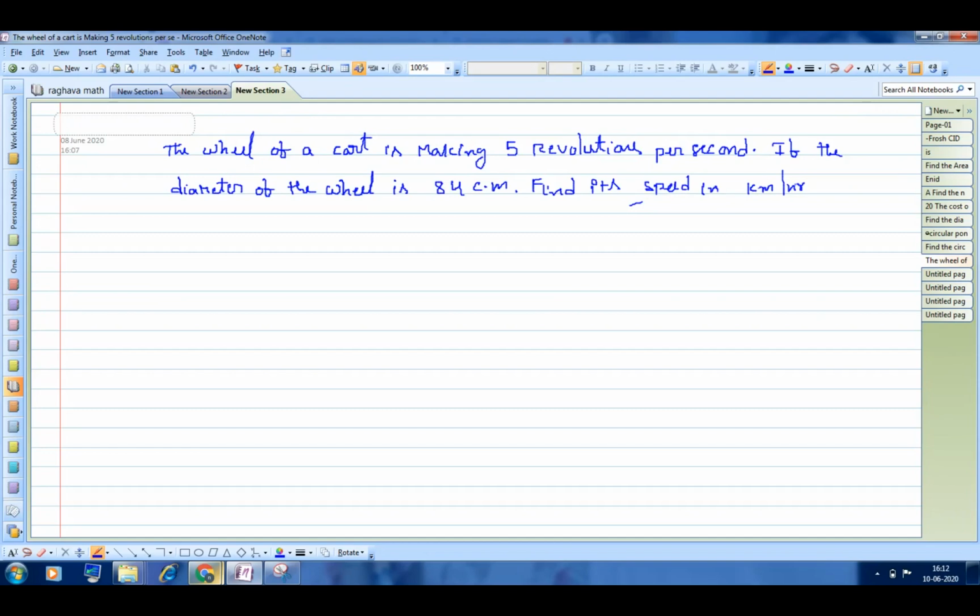Give your answer correct to the nearest kilometer. So give the answer in approximate value, and in kilometers. Solve this question.